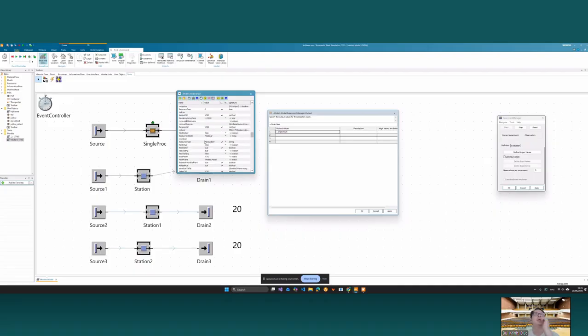I think static num in. Okay, so I will use this one, static num in.